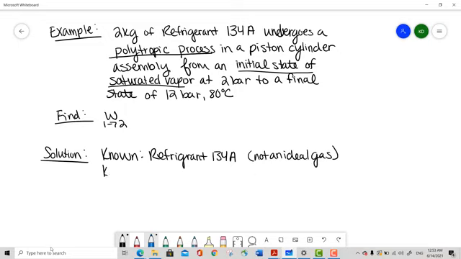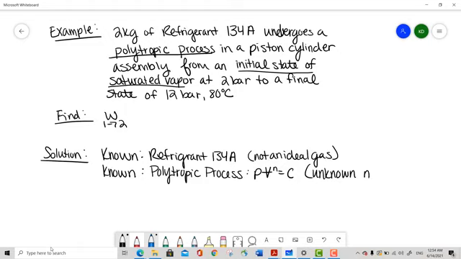What else do we know? We know a polytropic process, and we know that for that we can use PV^n = C. And we do have an unknown n.